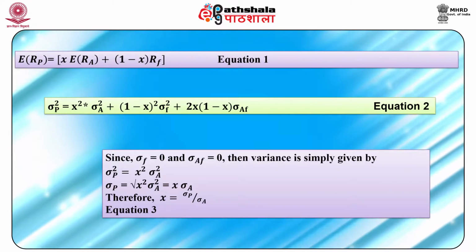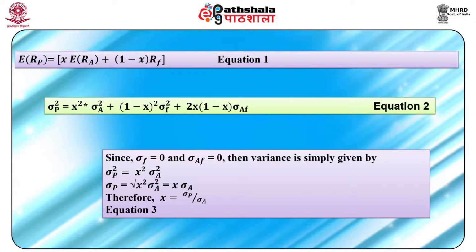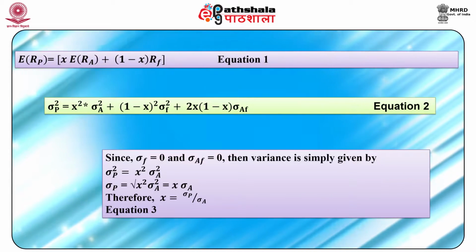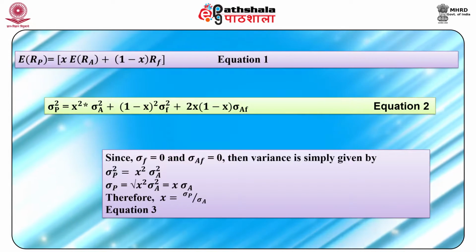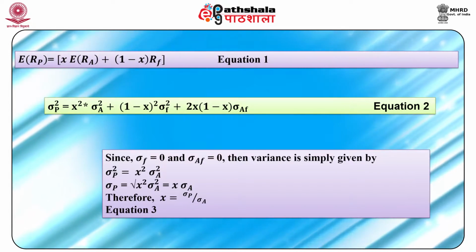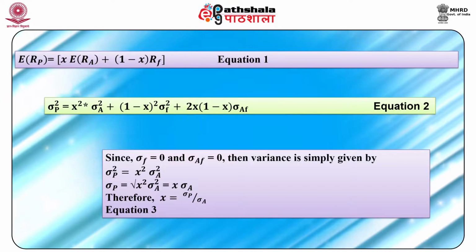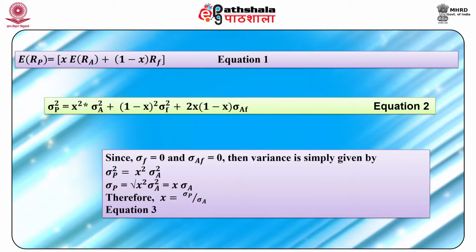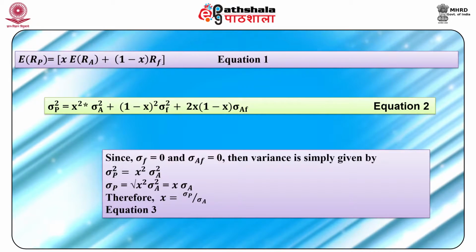This is equation A, and equation B will be sigma squared P equal to X squared sigma squared A plus (1 minus X) whole squared sigma squared F plus 2X(1 minus X) sigma AF. This is equation 2.